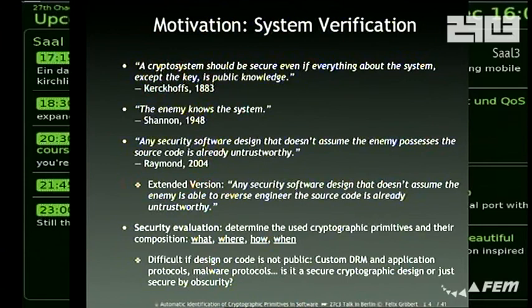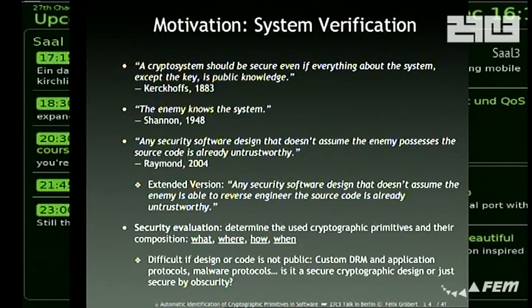Shannon later summarized it as "the enemy knows the system." Eric S. Raymond in 2004 wrote about the incident with Cisco, where he wasn't trusting Cisco because he didn't have access to their source code, and therefore postulated that any security software design that doesn't assume the enemy possesses the source code is already untrustworthy.